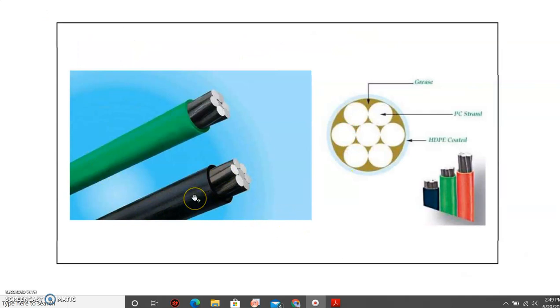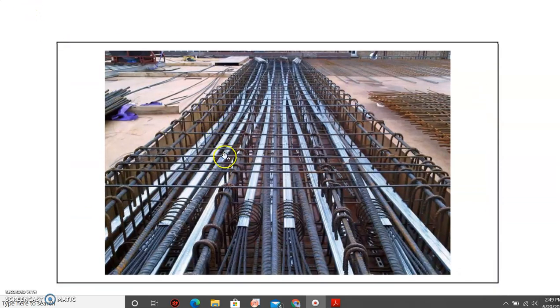HDPE coating is provided outside of the tendon, and grease is provided in between the tendons, and this is the PC strand, nothing but tendons. So this is practically done in the casting bed. You can see the tendons. Okay.